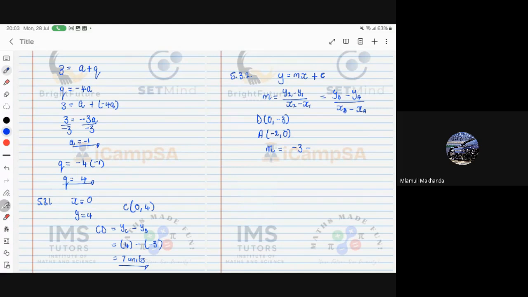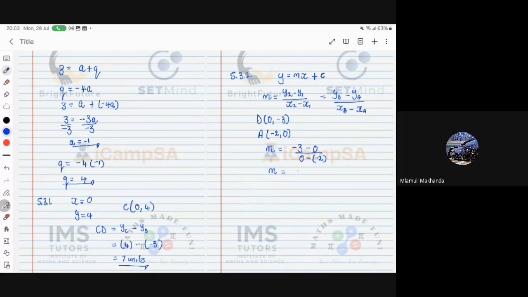So it's -3 minus ya, which is y1, 0 in this case, over xd, 0 minus xa, which is -2. And be careful of the signs. We're putting -2 as it is. We are not changing anything. We're not going to say just because there's a minus here, we're not going to include that negative for 2.